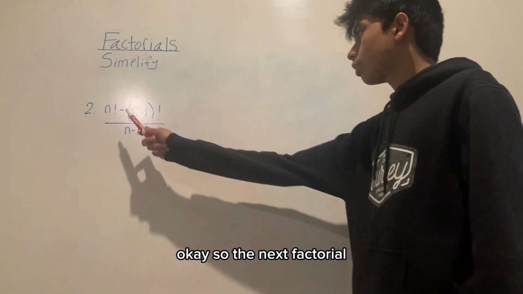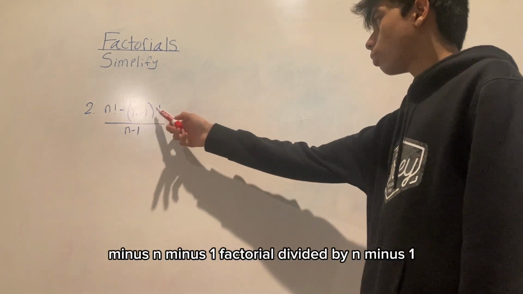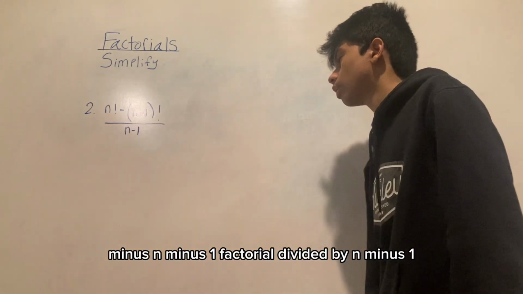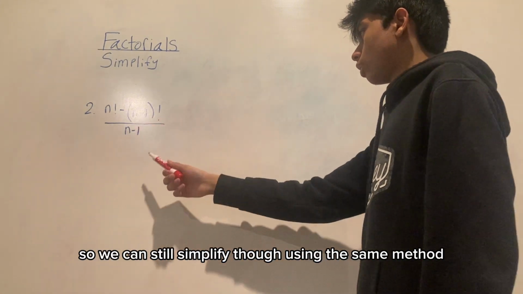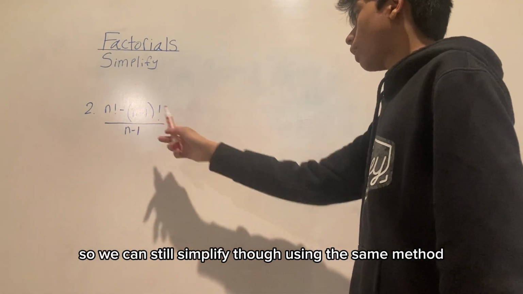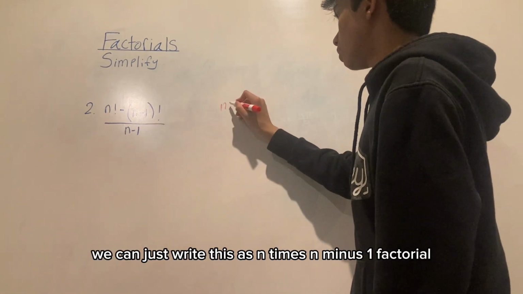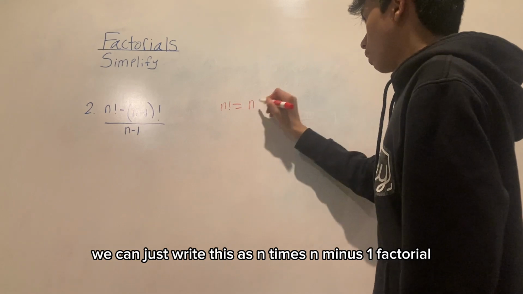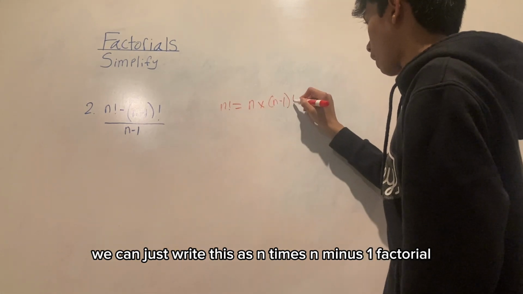So that's the simplified version of that expression. Okay, so the next expression we have is n factorial minus n minus 1 factorial divided by n minus 1. So this doesn't have any numbers other than the 1. So we can still simplify it though using the same method. So if we have n factorial, we can just write this as n times n minus 1 factorial.